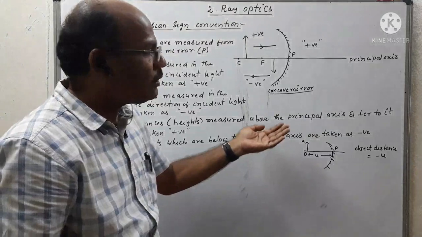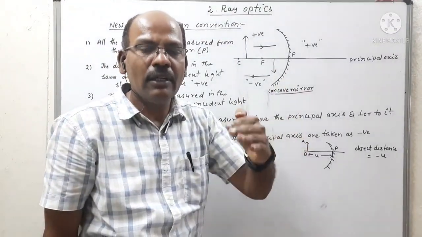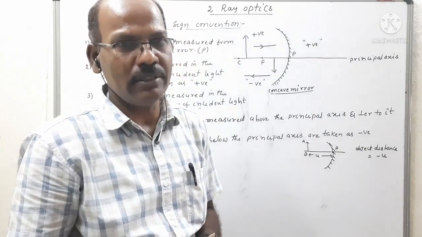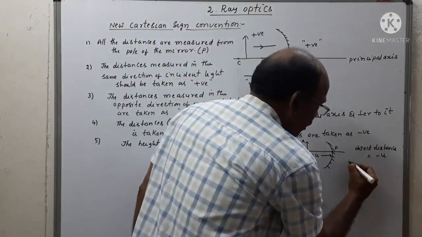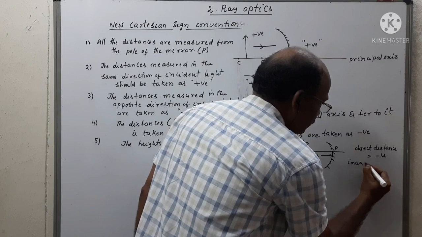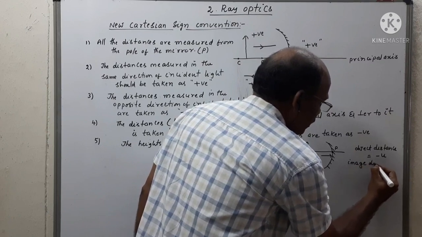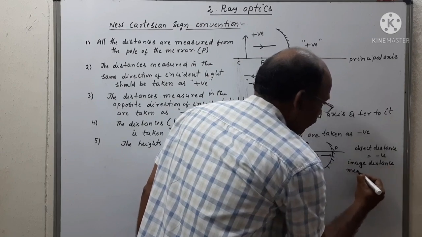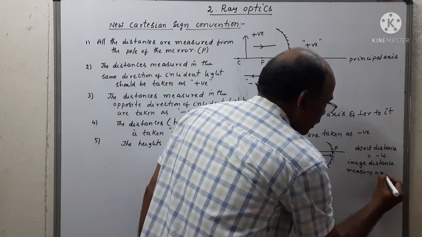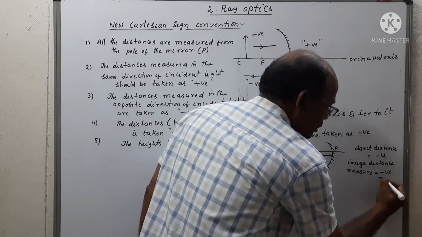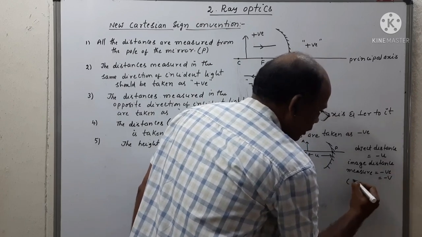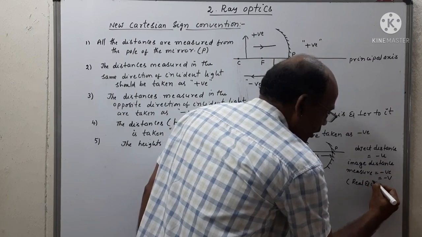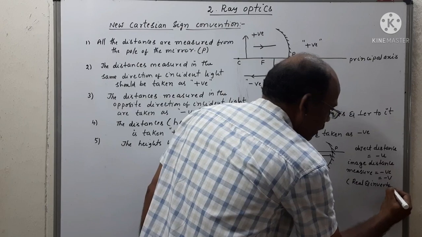If the image is formed in front of the concave mirror, which is called a real and inverted image, then the image distance which is measured from the pole is also taken negative. So that is equal to minus v, if the mirror forms a real inverted image.